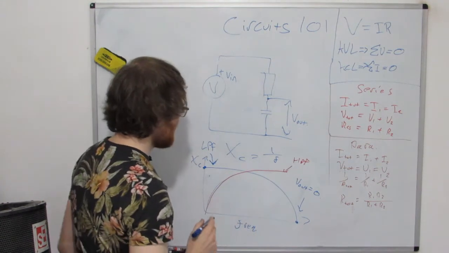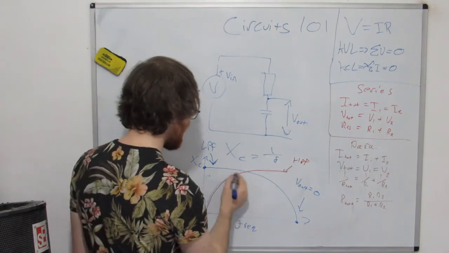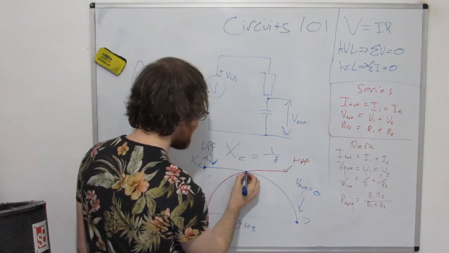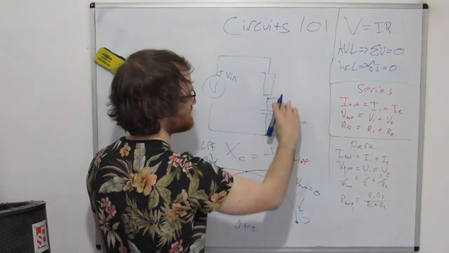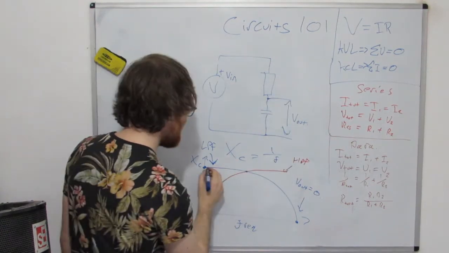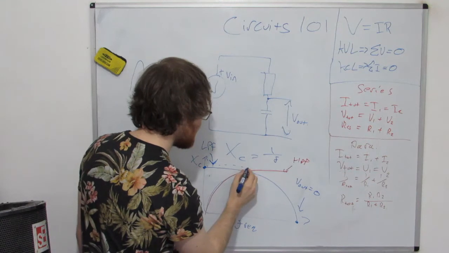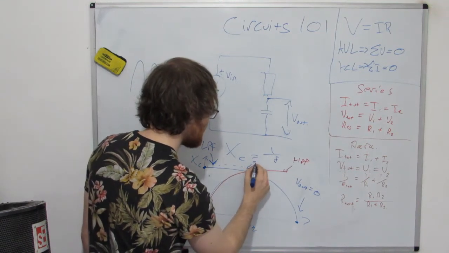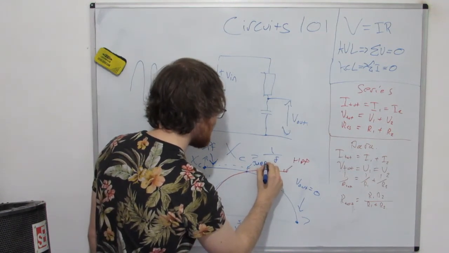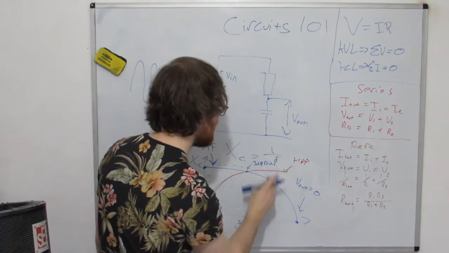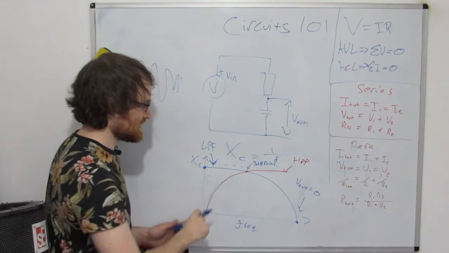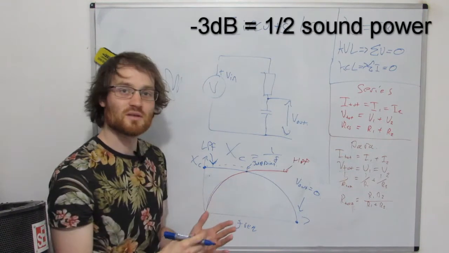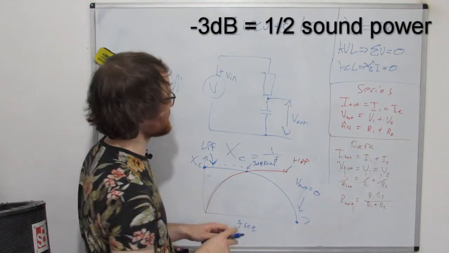Right, so in this circuit, I've drawn this diagram very badly, but so there's this point here. If these are the same value, regardless of where we had them, and this point here is the 3 dB point. Right, and that 3 dB point is where the output has dropped by 3 decibels compared to the input.